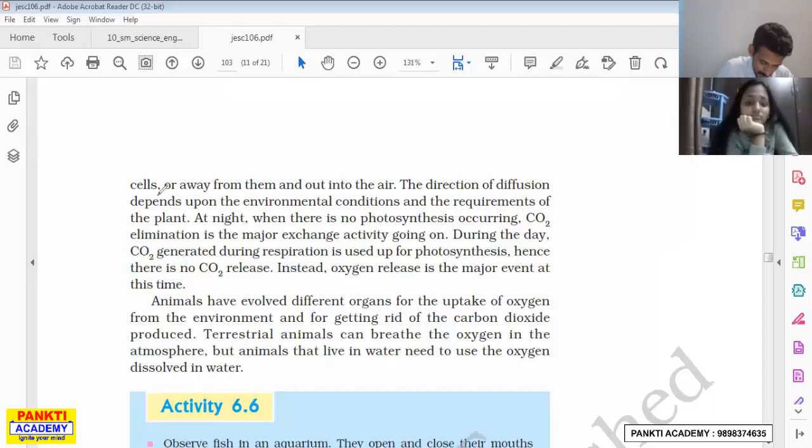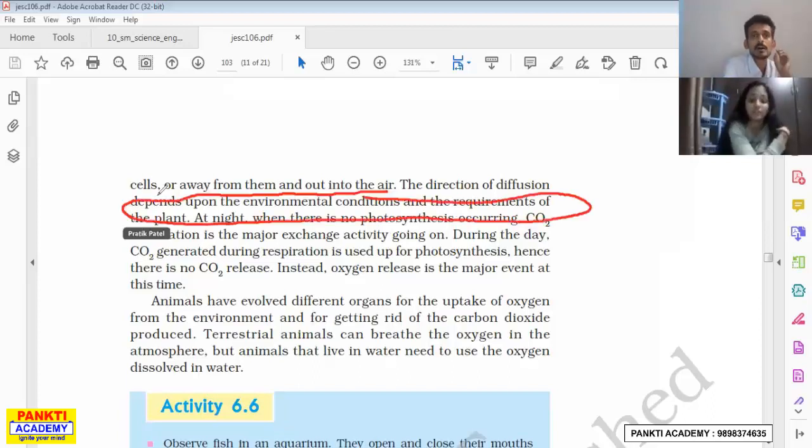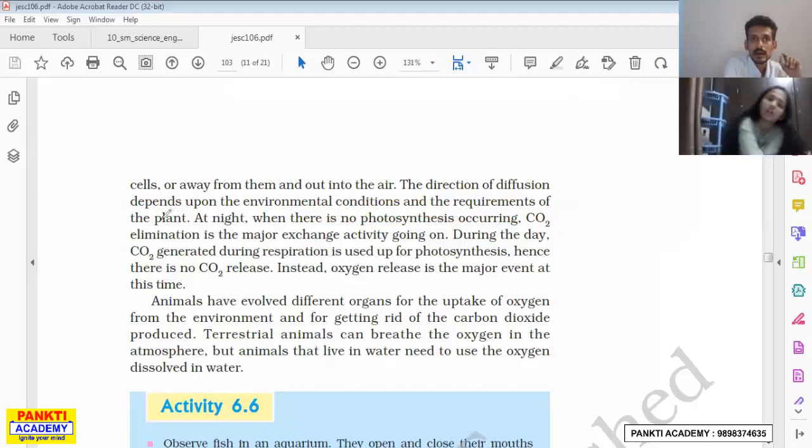depends upon the environmental condition and the requirements of the plant. At night, when there is no photosynthesis occurring, carbon dioxide elimination is the major activity going on.